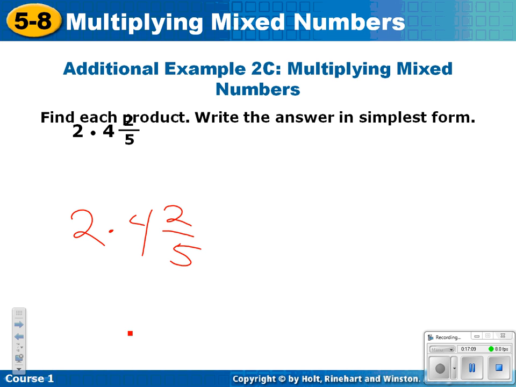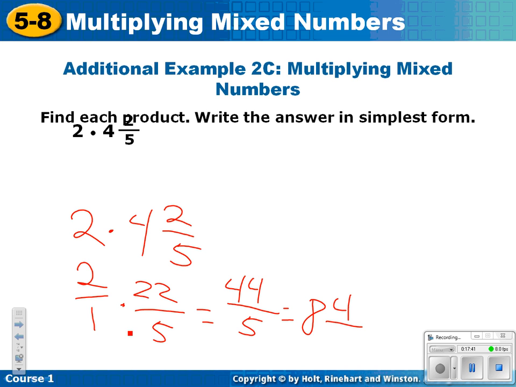No, if we multiply, that's still 1. 2 over 2 is 1. Turn the 2 into an improper fraction. And how do I do that? What is 2 as a fraction? 2 over 1. 2 over 1 times 22 over 5. And solve it. 44 over 5. 8 4/5.